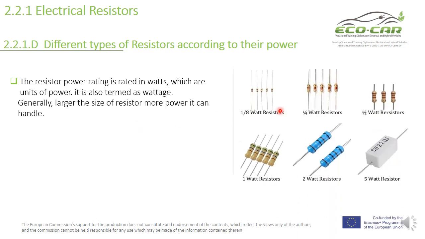More size, more watts, from this resistor to this one, to half a watt, to 1, to 5 watts, as you see here, 5 watts with 22 ohms. So more size, more wattage.